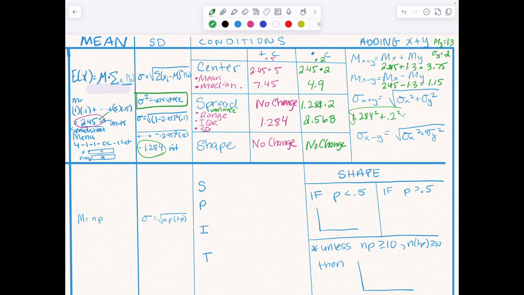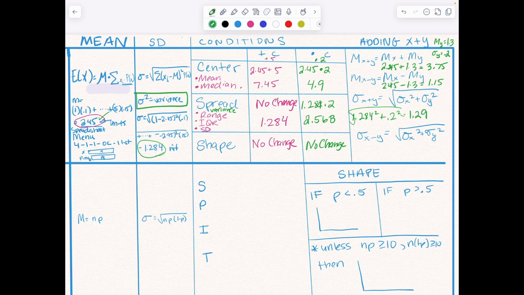So that's 1.284 squared plus 0.2 squared, and the square root is going to be 1.29.